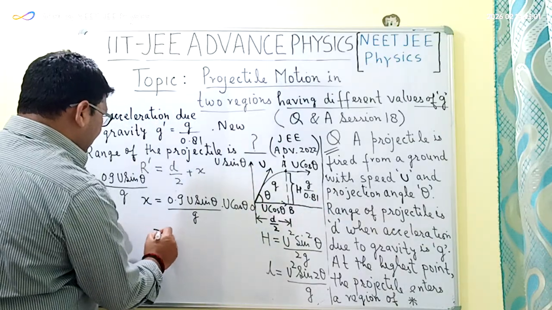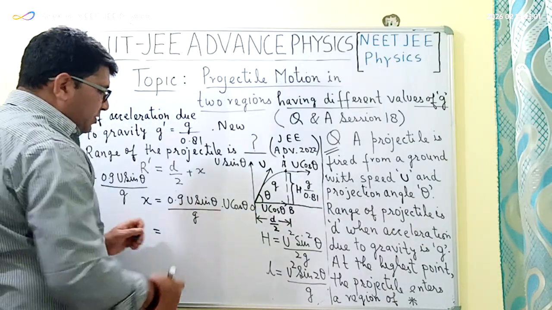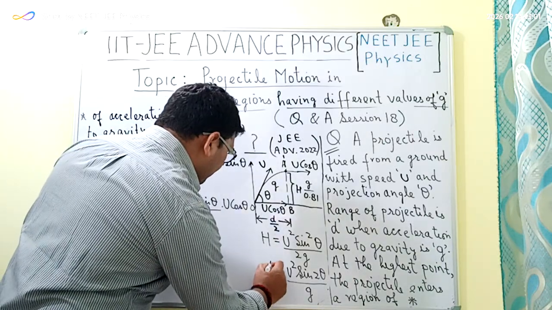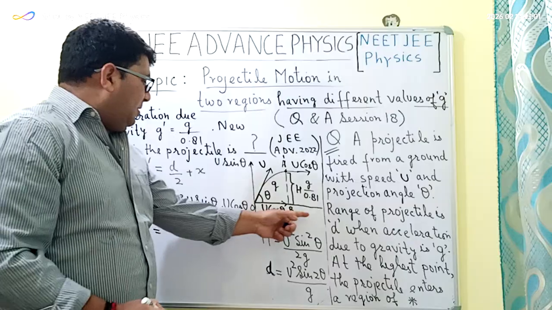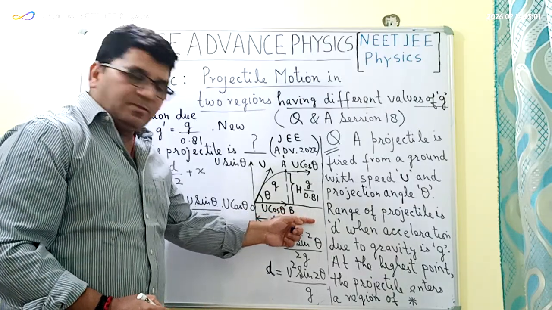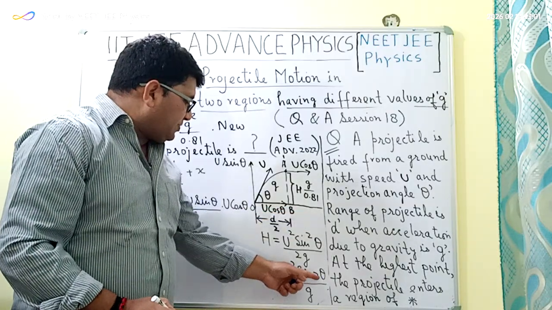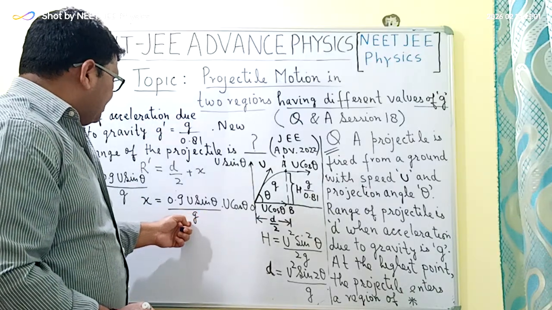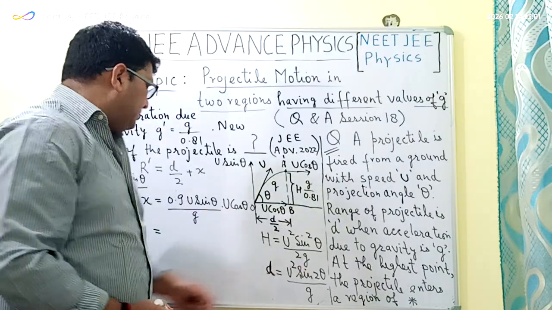Now, since the range is equal to u square sine 2 theta upon g, I will be converting this value in terms of sine 2 theta.